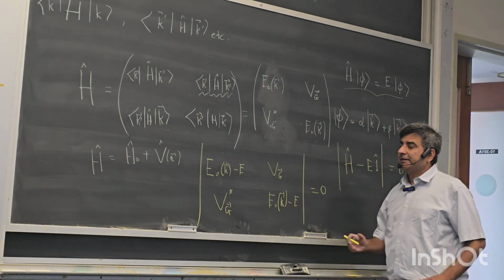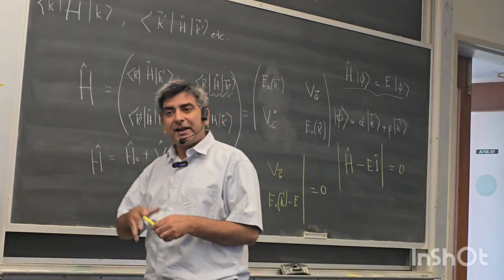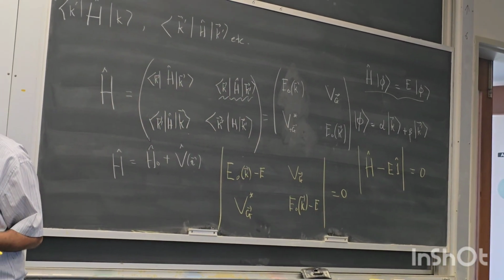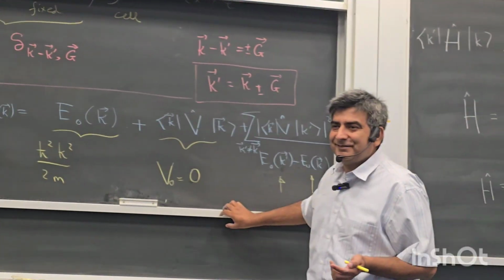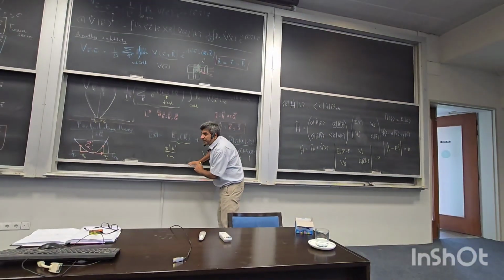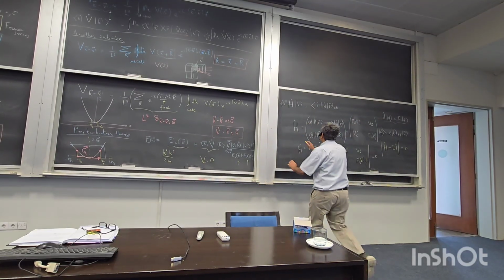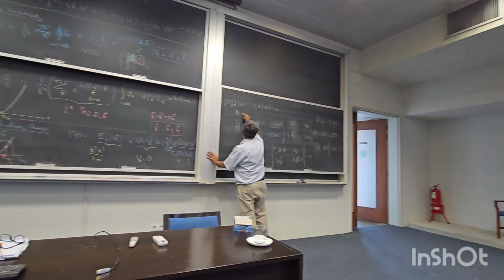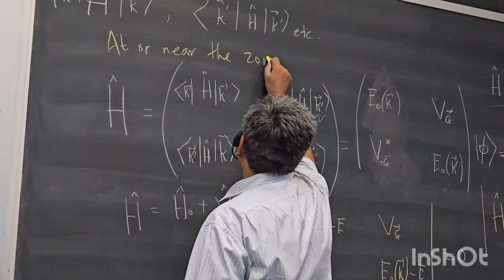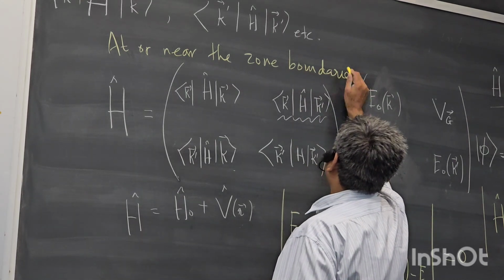And by the way, this description is only applicable at the zone boundaries, right? We're only talking about the zone boundaries. This perturbation is happening at or really close to the zone boundaries, the boundaries of the Brillouin zones.